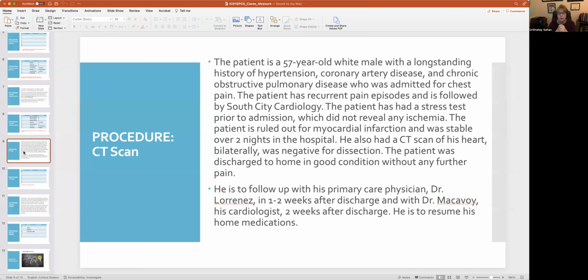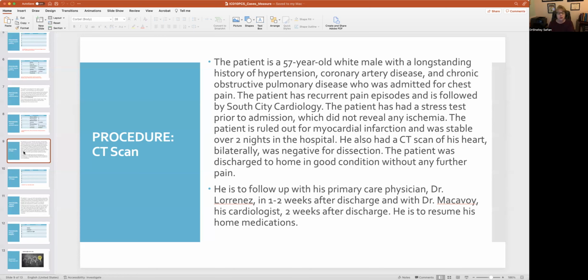Okay. All right. So the patient is ruled out for myocardial infarction and was stable over 2 nights in the hospital. He also had a CT scan of his heart bilaterally, was negative for dissection, meaning there's no tears or rips, which is good. You don't really want that in your heart. Okay.